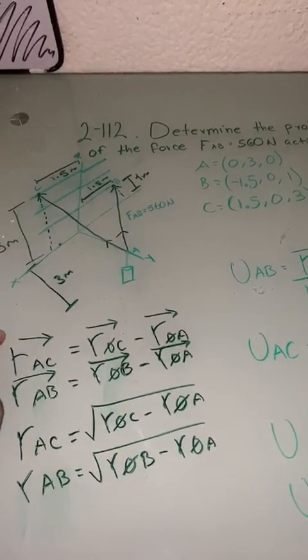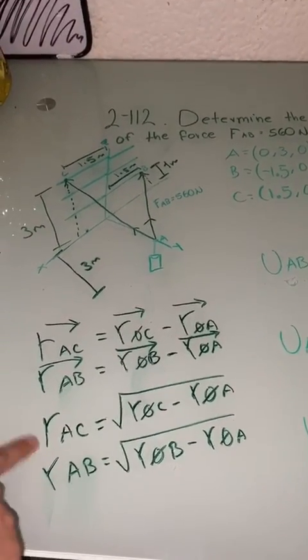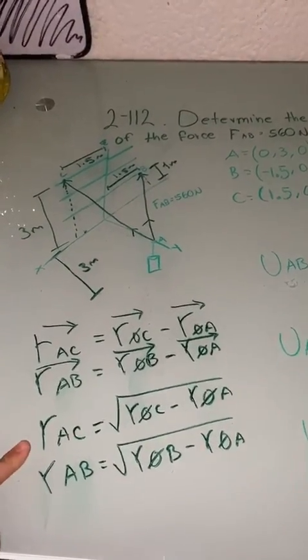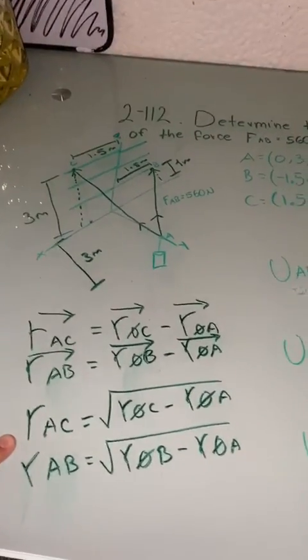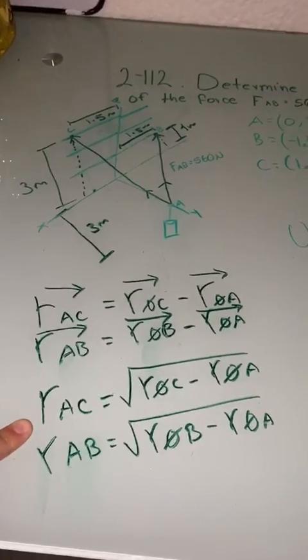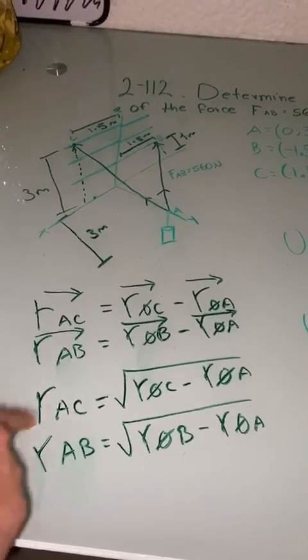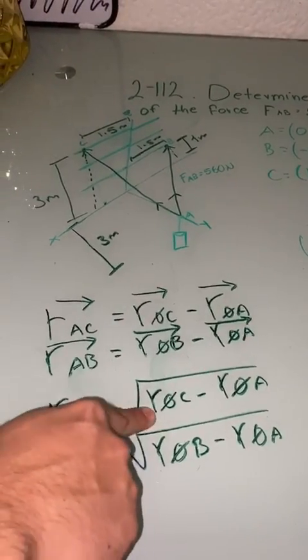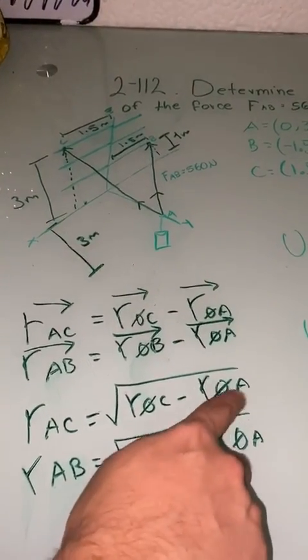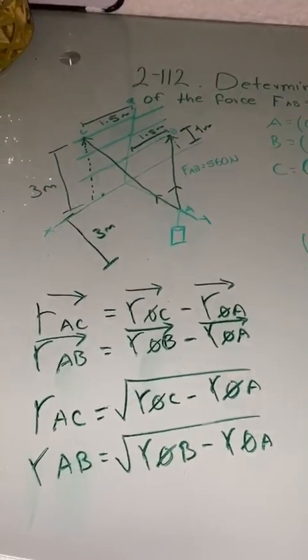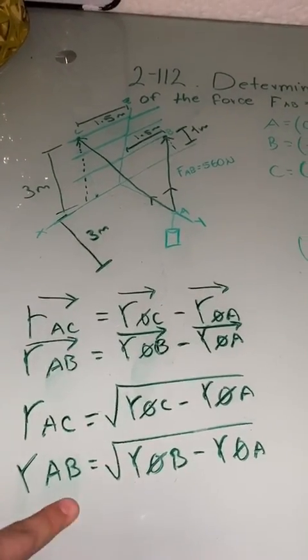The RAC vector is different to RAC magnitude. So RAC is equal to the root of R0C minus R0A, the same as for RAB.